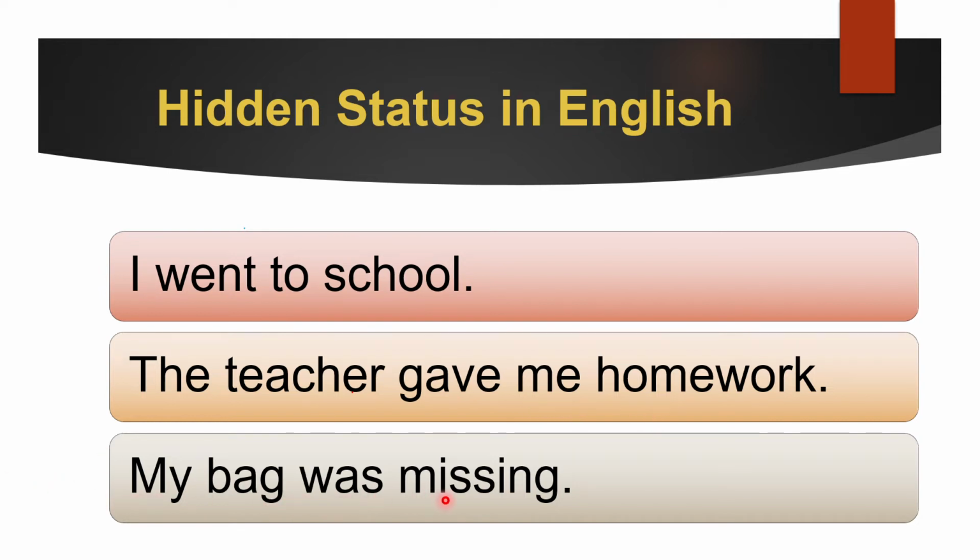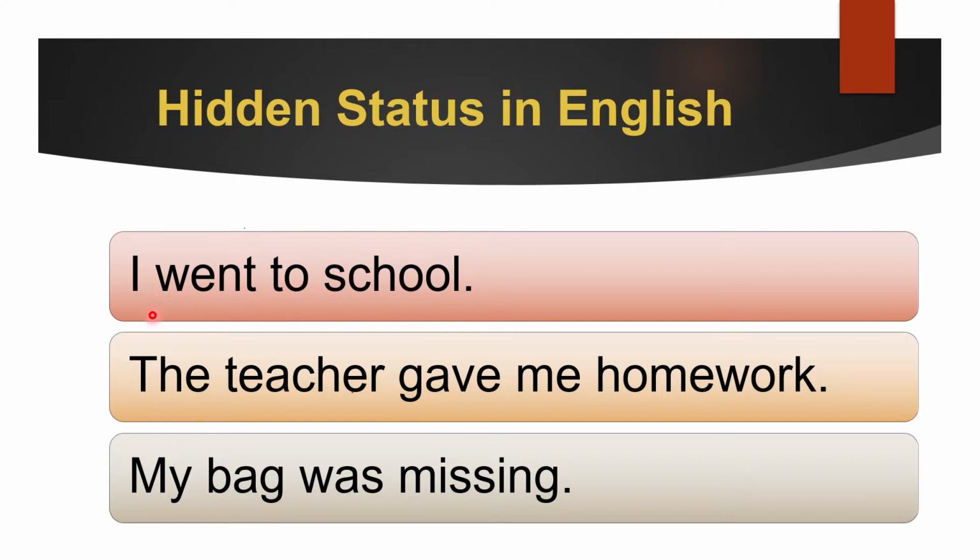My bag was missing. Now, if I asked you which word in these 3 sentences points towards me, you would say that in the first sentence, I points towards me. In the second sentence, me points towards me. And in the third sentence, my refers to me, right? So I, me, and my. But can I interchange them? For example, can I say my went to school?